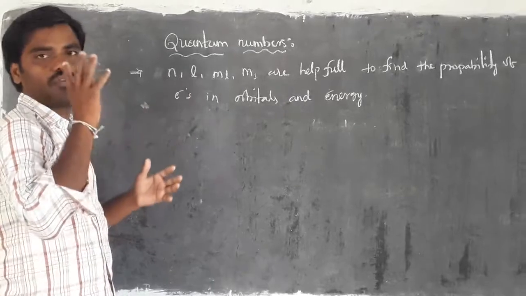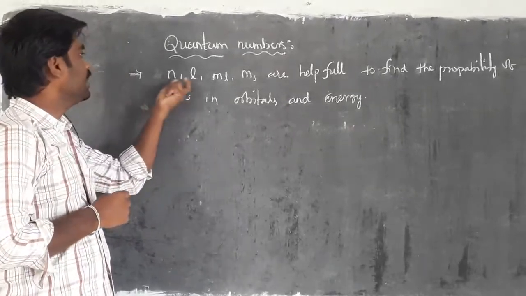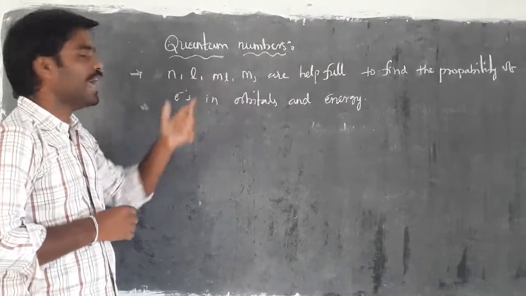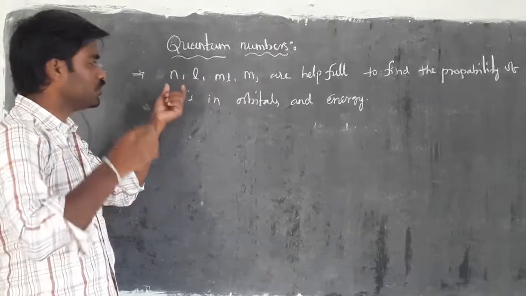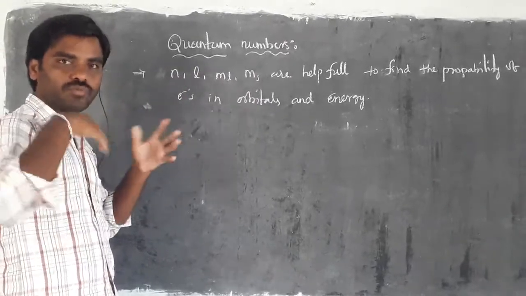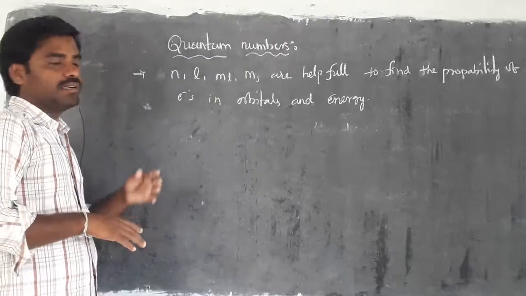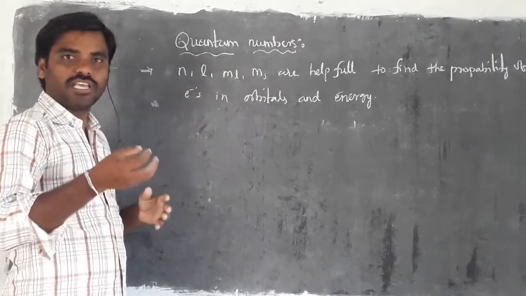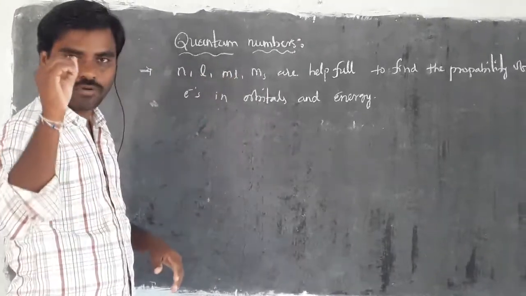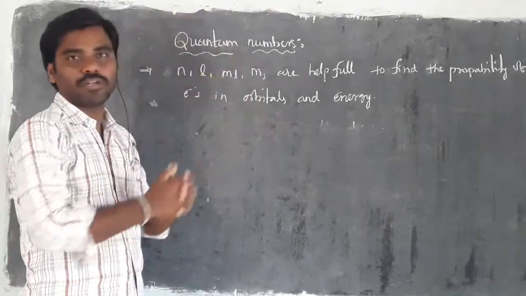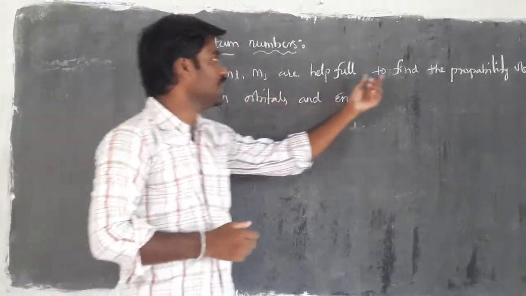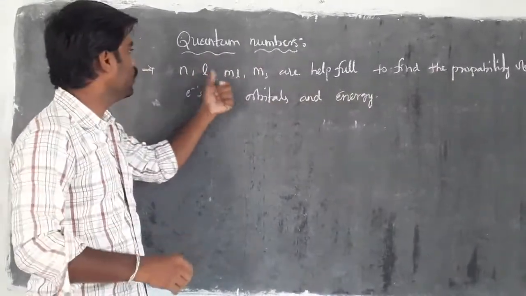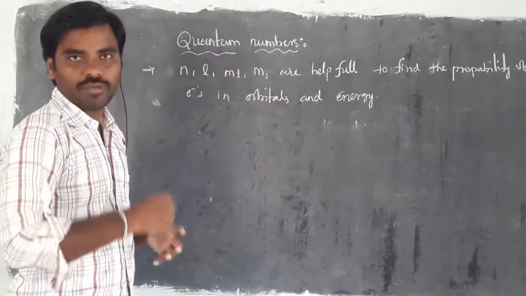First, we have four types of quantum numbers: n, l, ml, ms. These are helpful to identify the particular electron's place in the spherical shape of an atom. The probability of finding an electron can be traced only with the help of these four quantum number values.